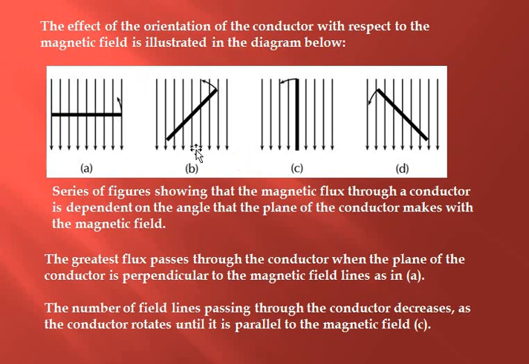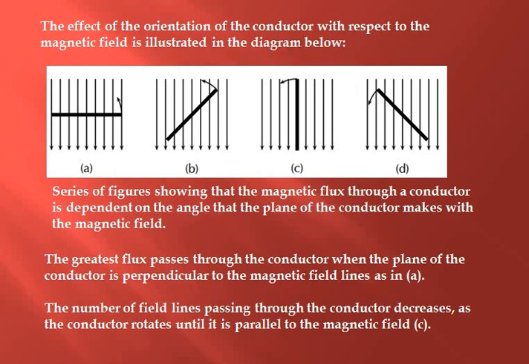Then the coil has to rotate, so as it rotates, it loses contact with some of the magnetic field lines until it becomes horizontal. And when it is horizontal like this, there is no flux cutting through the coil. Then it starts to descend again, and the whole process continues. So it's a cycle.